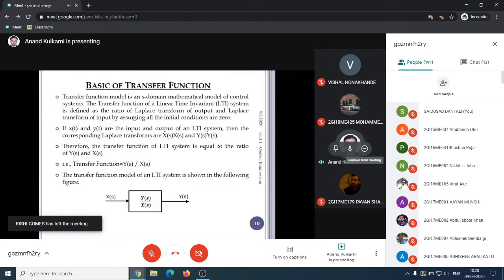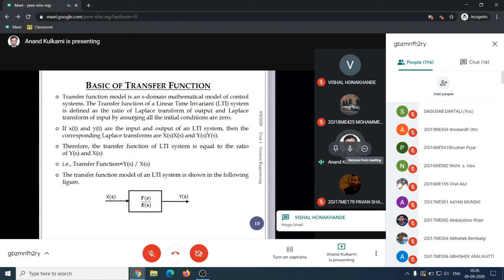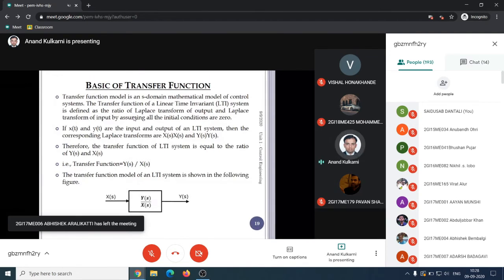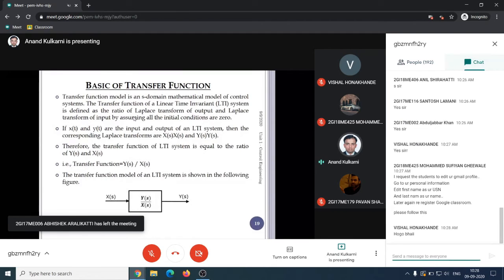It gives you an idea of the relationship between the input and output of the system. If the input is X, the output is Y, as shown. So what is the relationship? If X increases by say 10 units, how much will Y increase? Whether it will increase by 20 units or 5 units or 2 units, this relationship we have to establish.